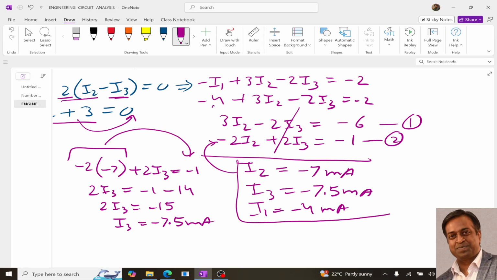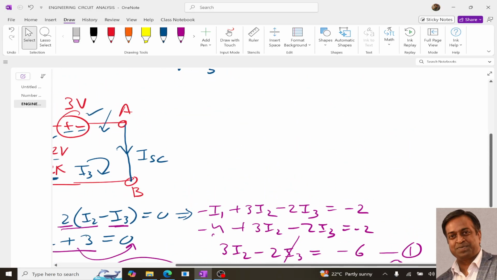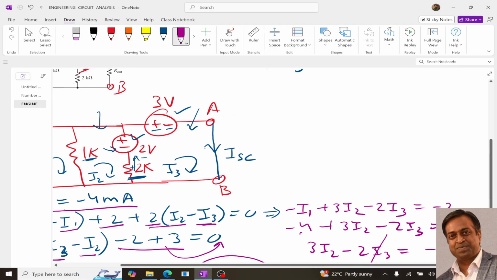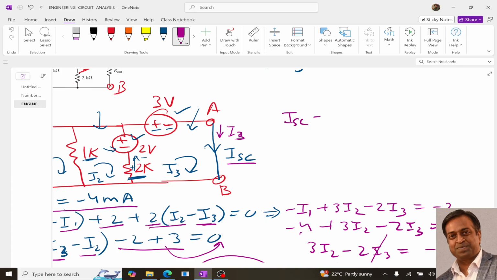So once we get these three, I1, I2, I3, now again coming back to this circuit diagram, we can see that we need to identify ISC, right? And this ISC is equal to the I3 current, because the direction of I3 and ISC are the same. So our ISC equals I3.